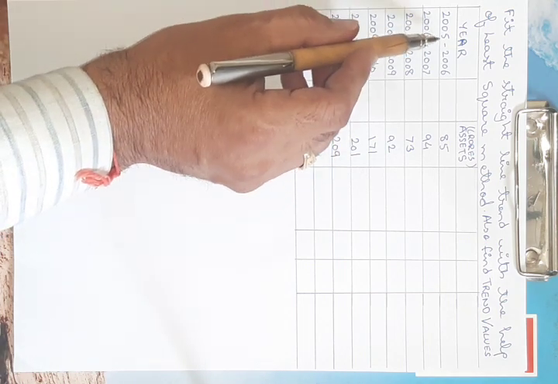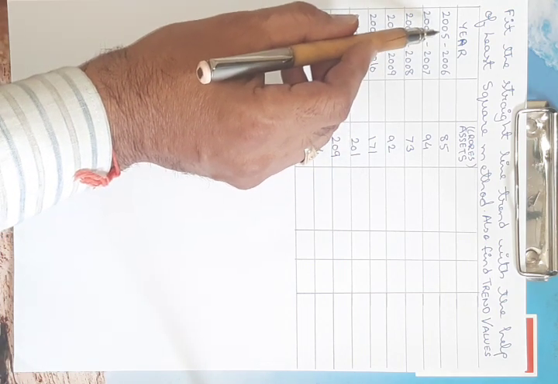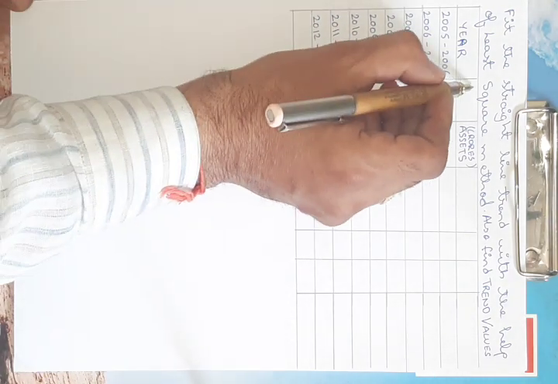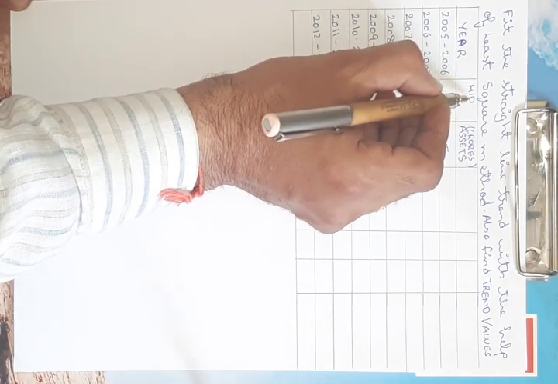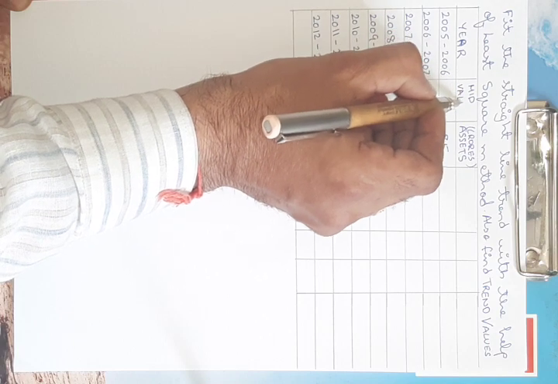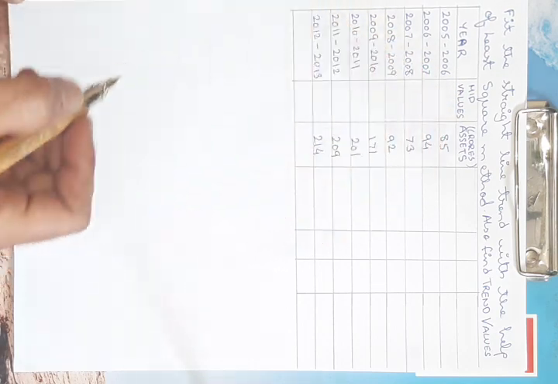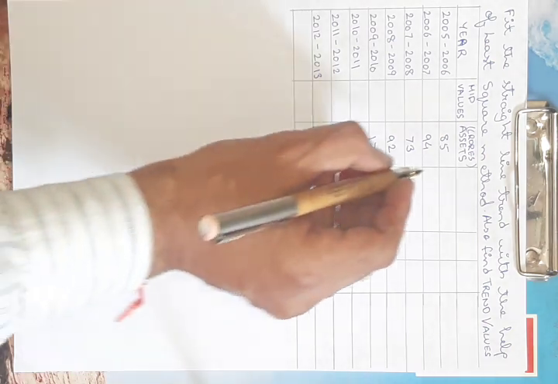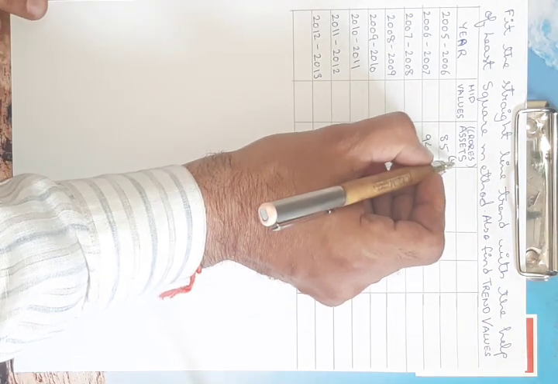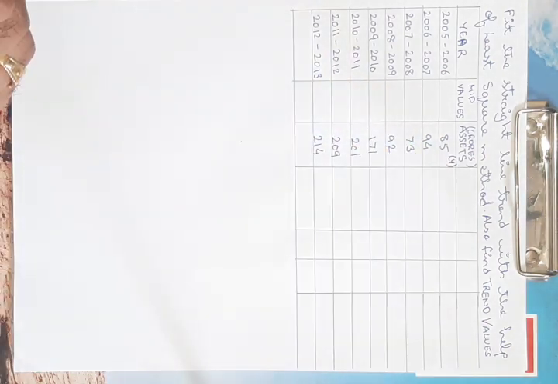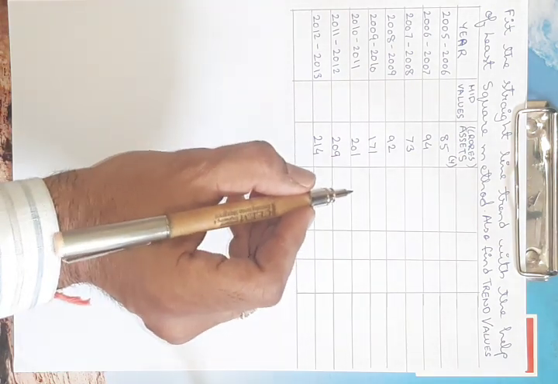Here the years are not a fixed number, so we need to calculate the mid values or midpoints of the years. We are going to denote the assets with the symbol y.